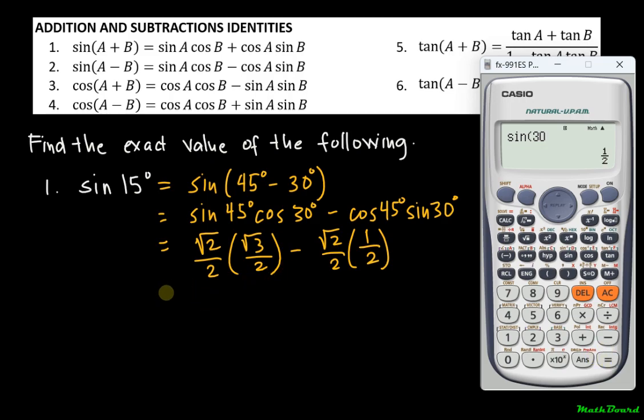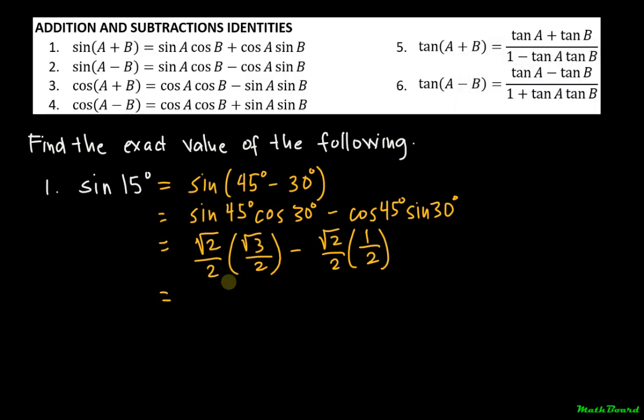Okay? So then we simplify. Square root of 2 times square root of 3 is square root of 6. 2 times 2, 4. Square root of 2 times 1, that's square root of 2. Then 2 times 2, 4. Then, since we have a similar fraction, we can combine. We have square root of 6 minus square root of 2 over 4.